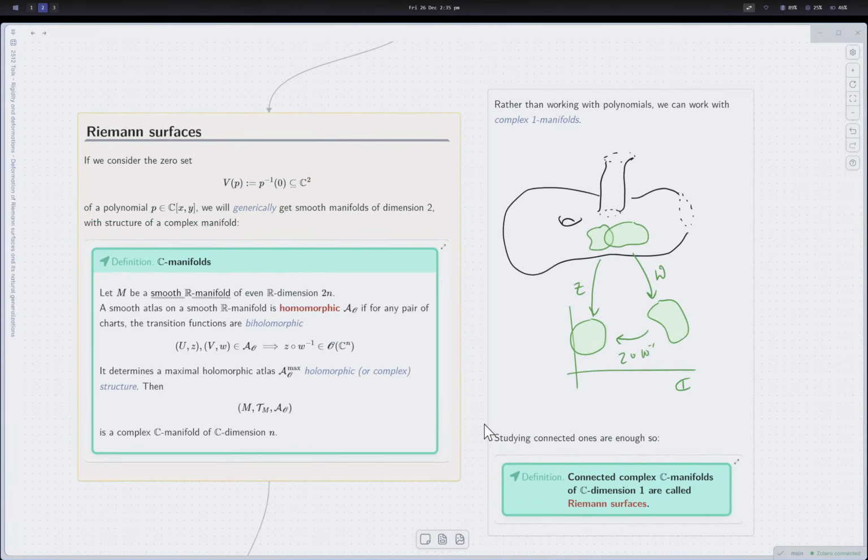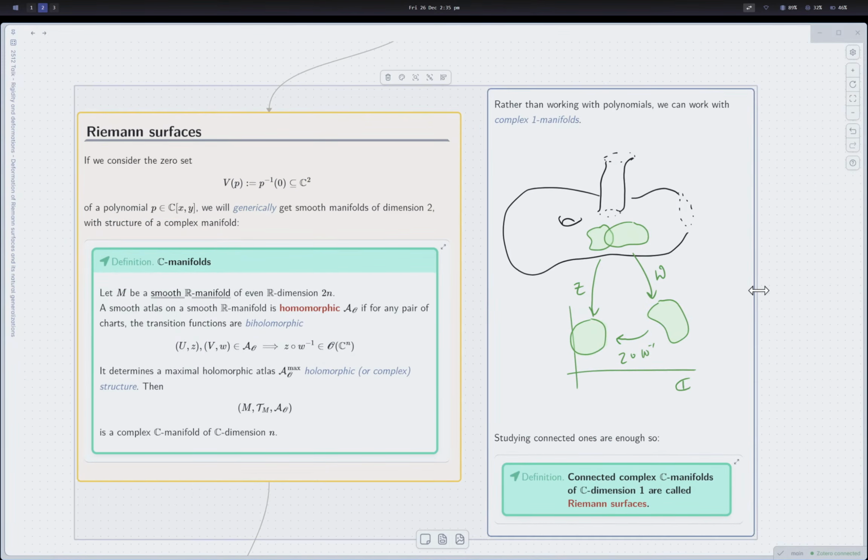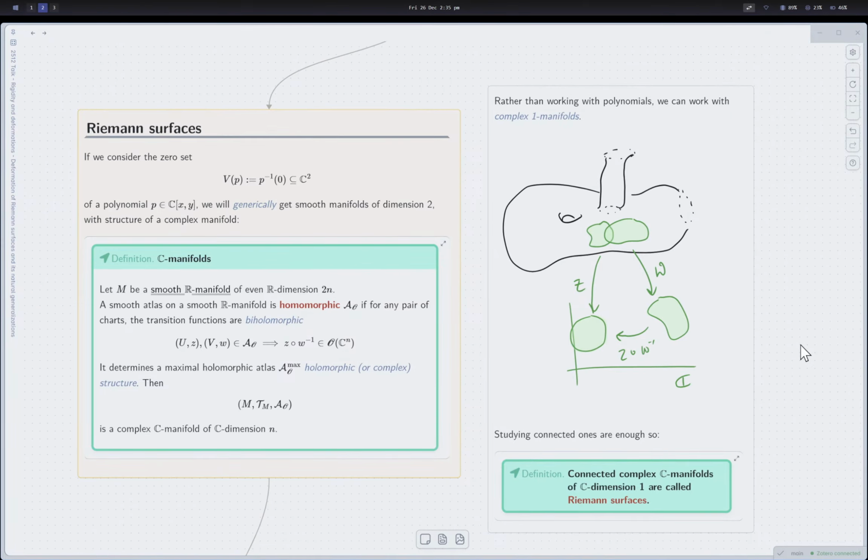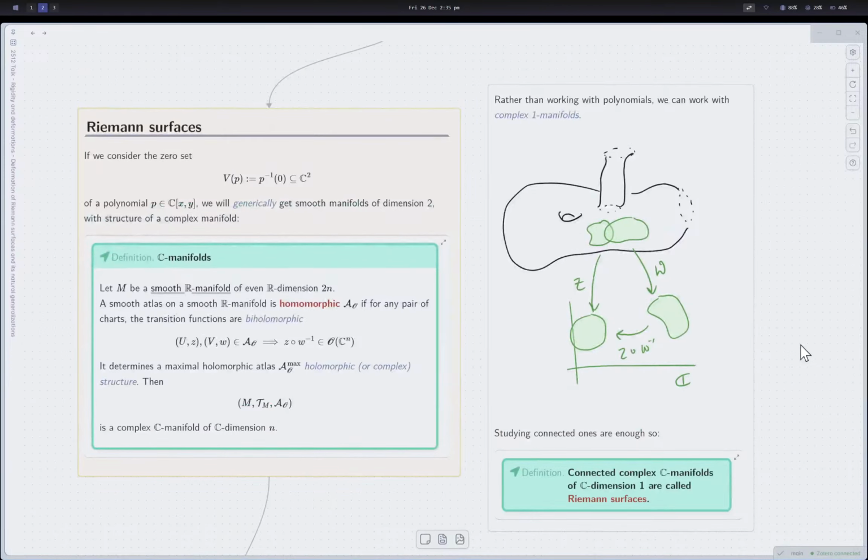So rather than classifying polynomials, we can classify these Riemann surfaces for a given smooth structure. So given a smooth manifold of dimension 2, how many Riemann surface structures does it contain? That's sort of what I want to do in the first half of the talk.